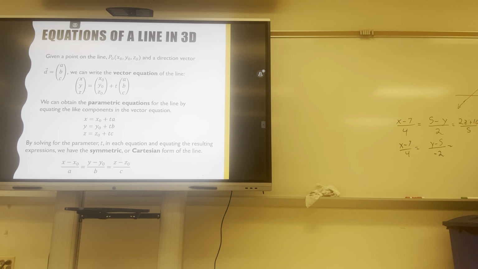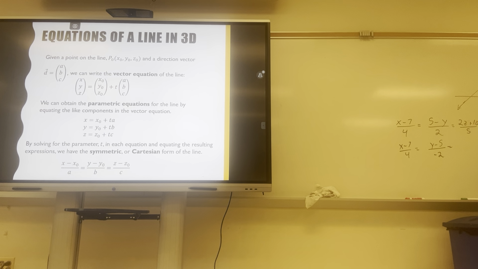But then I don't want the 2 next to the z. I want to bring it down here. So if I have 2 on the top, that's the same on the bottom as having 1/2. So this would be 5 over 2, right? So this is z plus 5 over 5/2. And then you could read a direction vector. Like one direction vector would be 4, negative 2, 5/2.